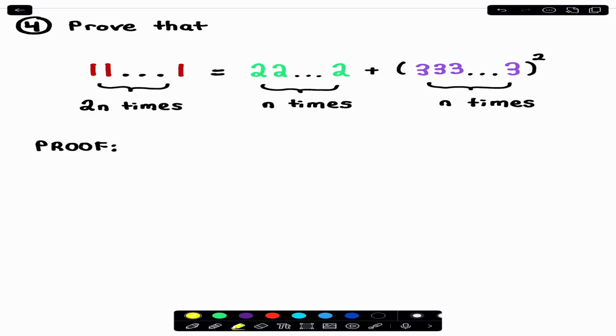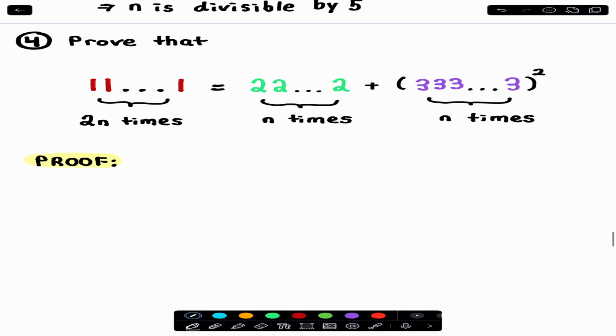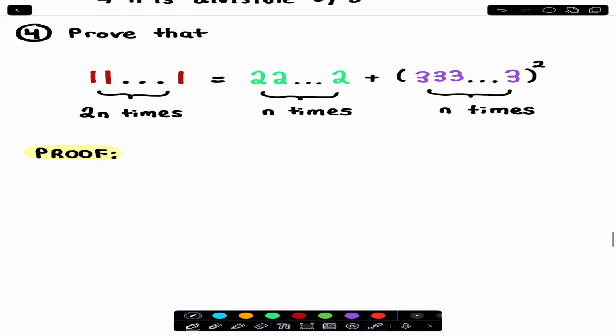Now the way we're going to do this is we're actually just going to directly tackle the right side and then add things up column-wise and show that it's actually the left side. Intuitively, you can probably tell that we have a 2 and we have a 3 squared, which is a 9.